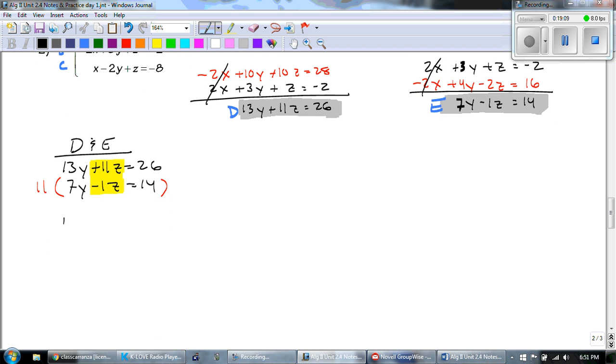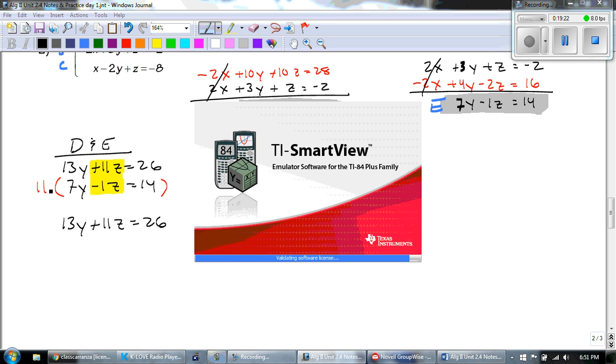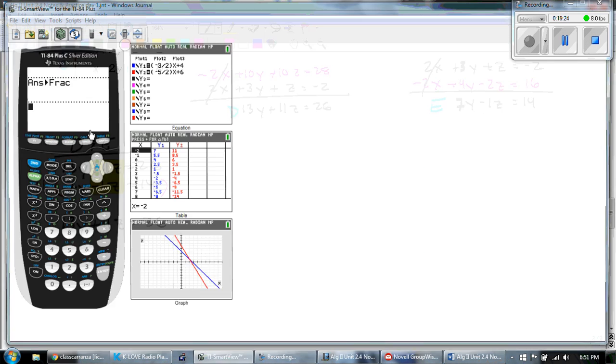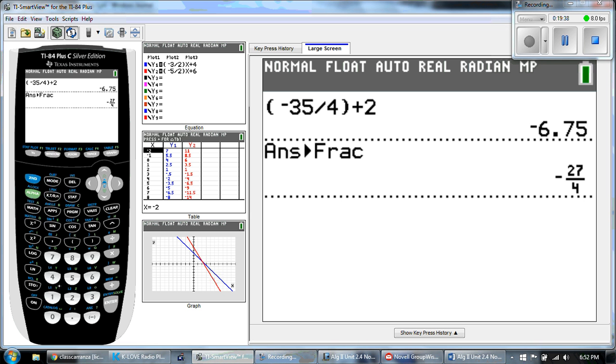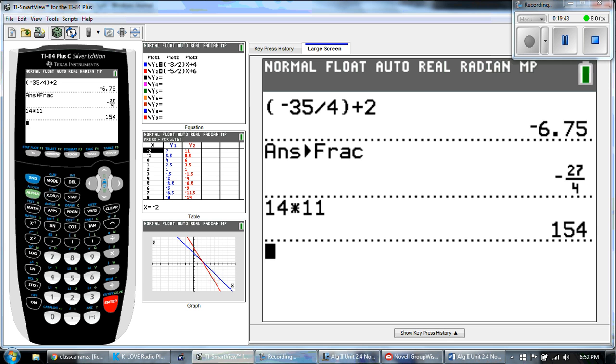We've got calculators. So we get 13y plus 11z equals 26. Now, on the bottom, we can do 11 times 7 in our heads, because 11 times 7 is 77y, minus 11z equals 14 times 11, which we get 154.